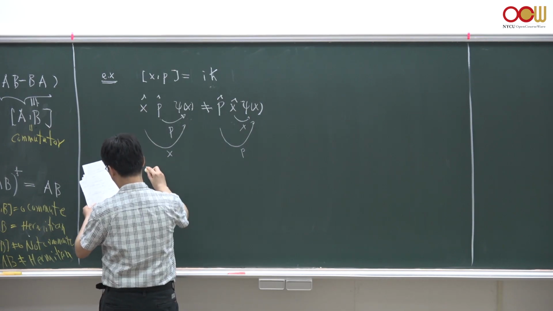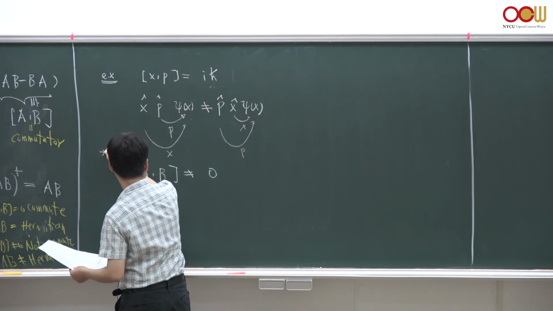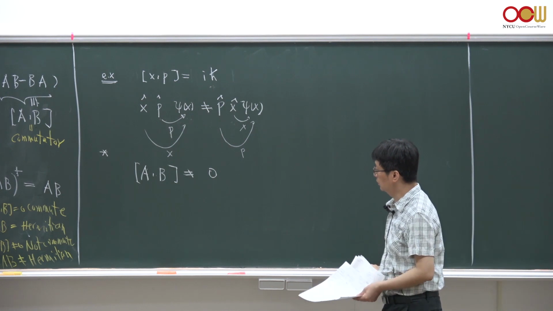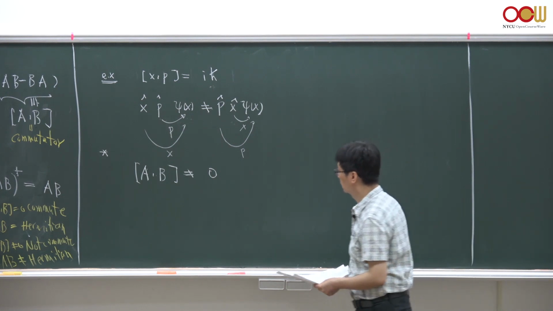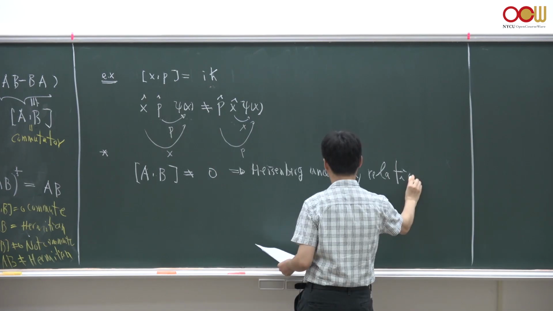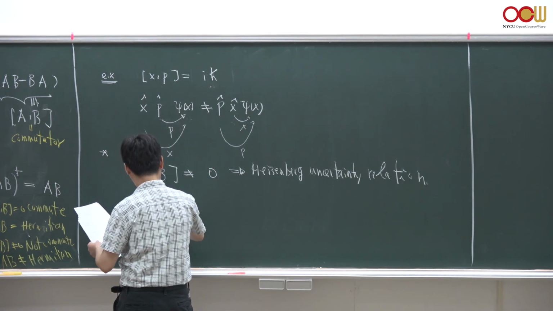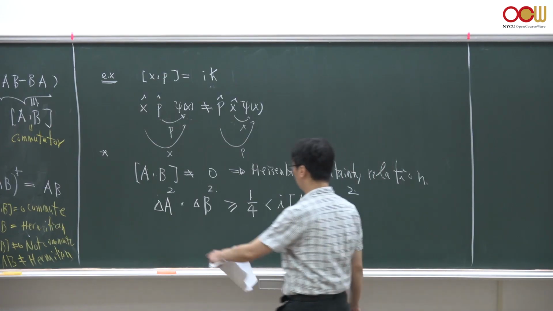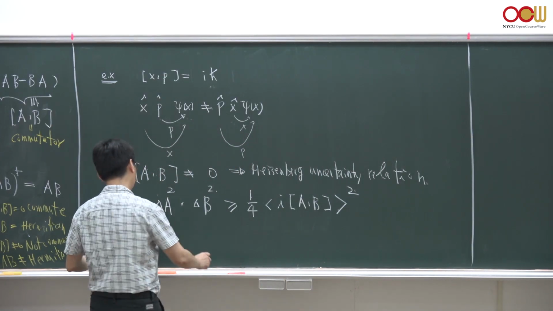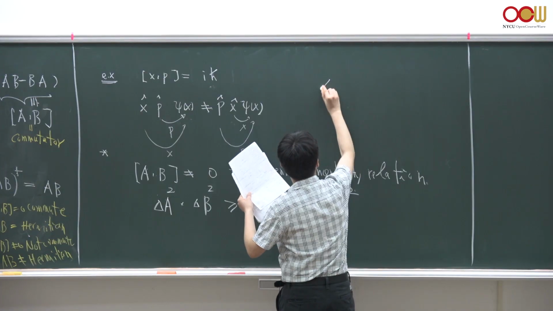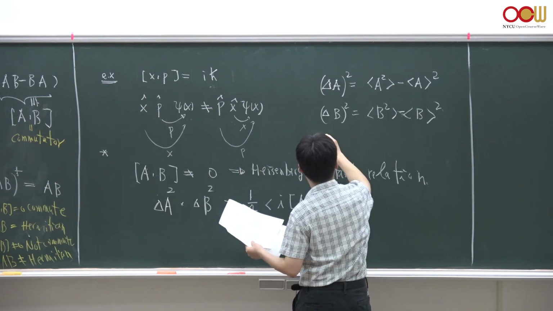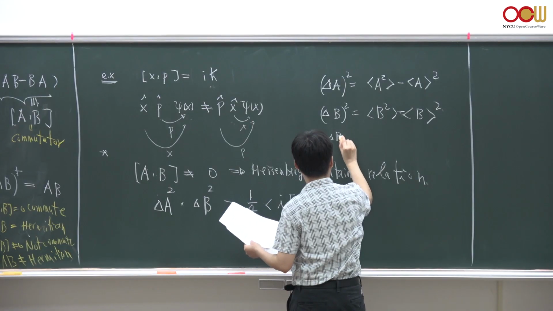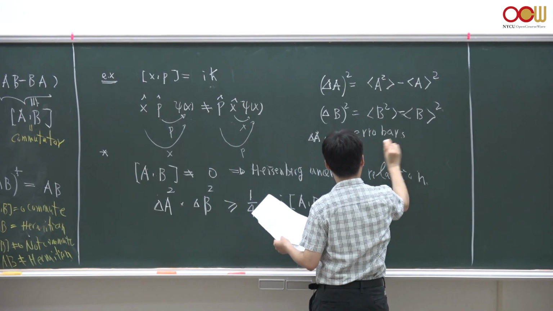If there are any two operators, A and B, that do not commute, there is a Heisenberg uncertainty relation. You can imagine that I define my error bar when I take the measurement for A and B, and I make a product between these two error bars, delta A and delta B, which are defined here as standard deviations. Delta A and delta B are simply the error bar or standard deviation.